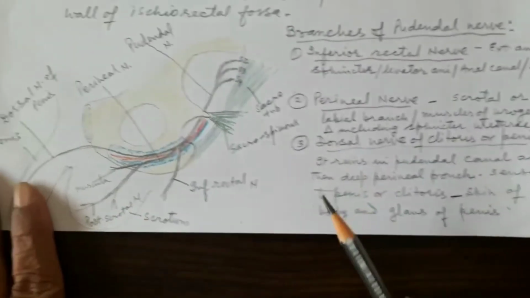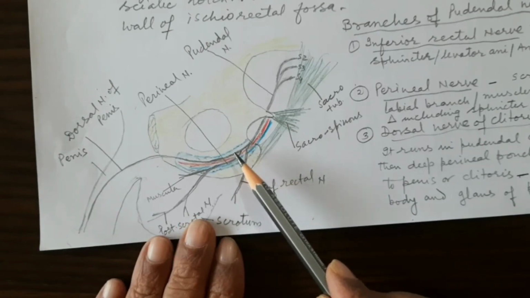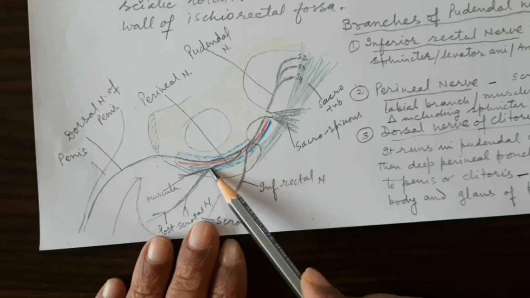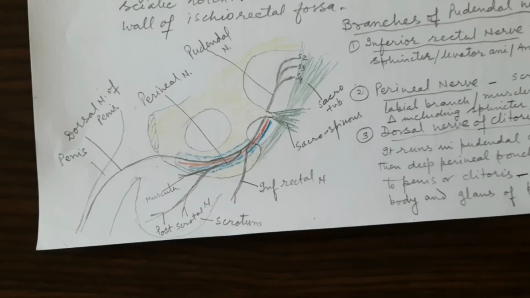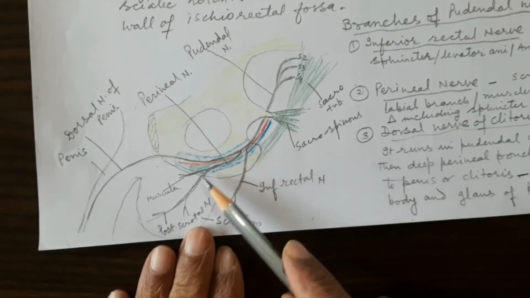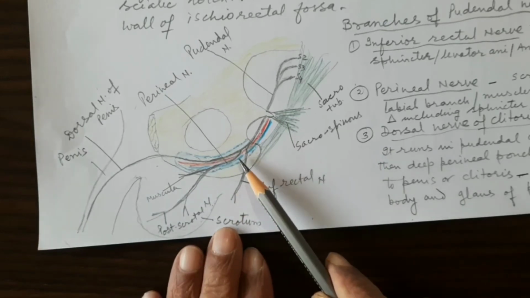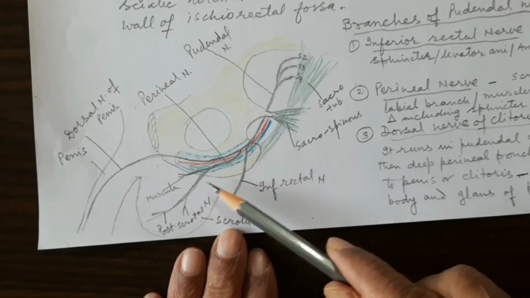Let us go to the perineal nerve. So the pudendal nerve will divide into two terminal branches. One is called the perineal nerve and another is called the dorsal nerve of penis, or clitoris in case of female. So let us see the perineal nerve. Now this perineal nerve will run into the Alcock's canal or pudendal canal further and will give a cutaneous branch, which is called the posterior scrotal nerve.